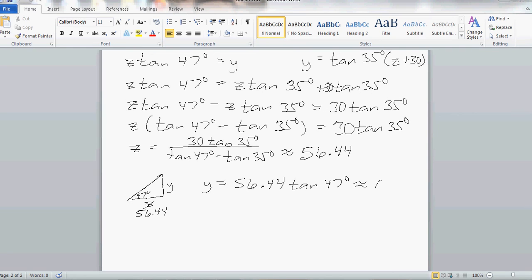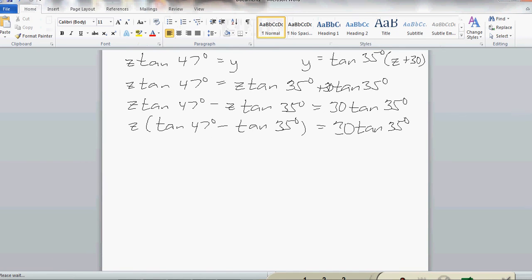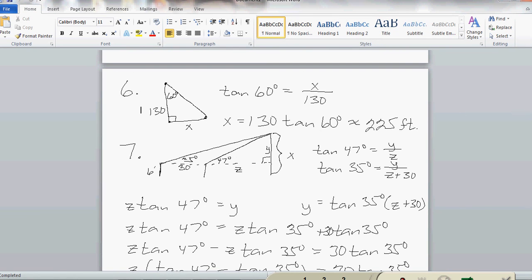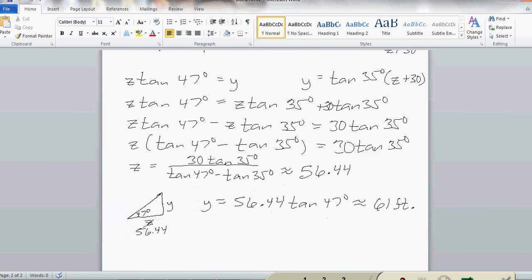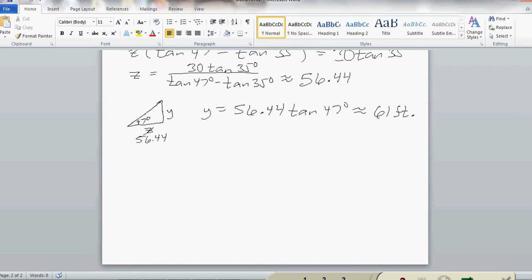And so this would be 61 feet. But that does not tell us how high the actual tree is, because we want to know this entire distance here. 61 represents from here to here. So since from here to here it would be 6, to answer the final question, all we have to do is add 6 feet to that, and we get 67.